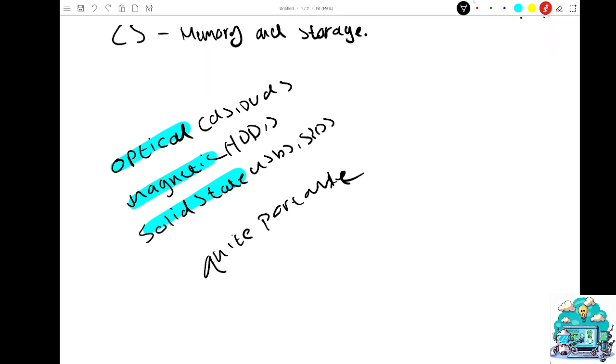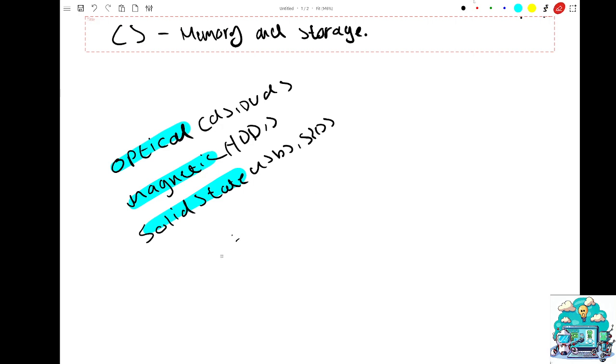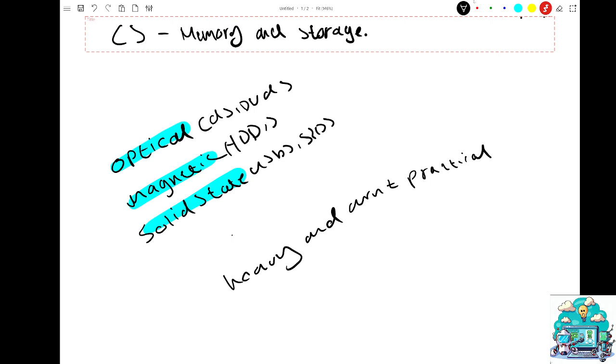So magnetic hard drives are heavy and aren't practical. They're heavy and not practical, basically. And solid state is the opposite of that.